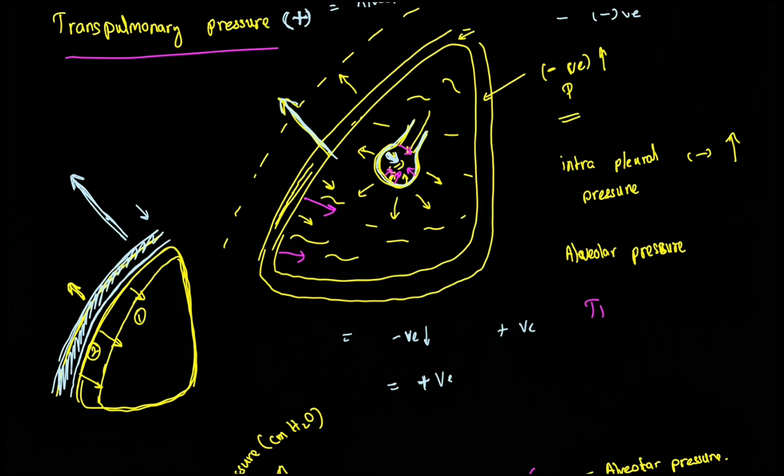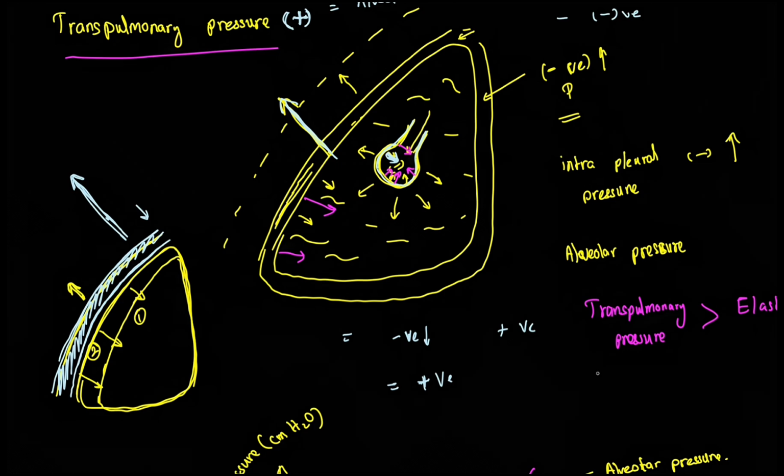If the transpulmonary pressure is more than the elastic pressure, then the lungs try to expand during inspiration, where the transpulmonary pressure is positive and really high, and the elastic recoil is lower.